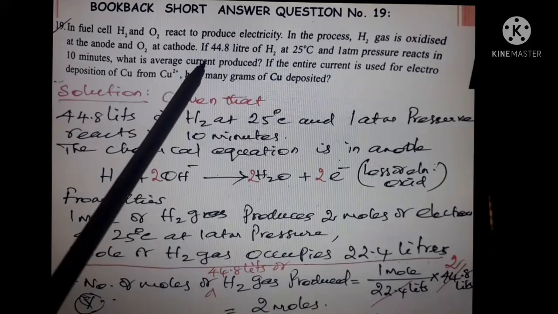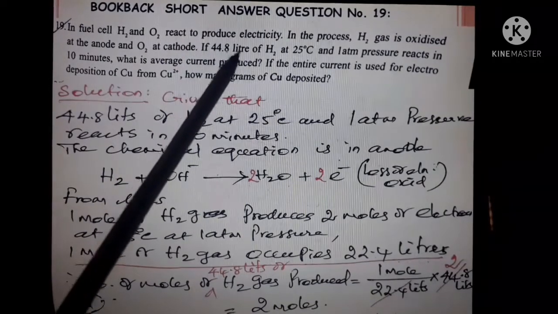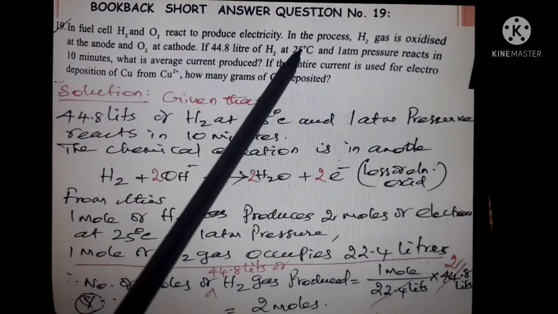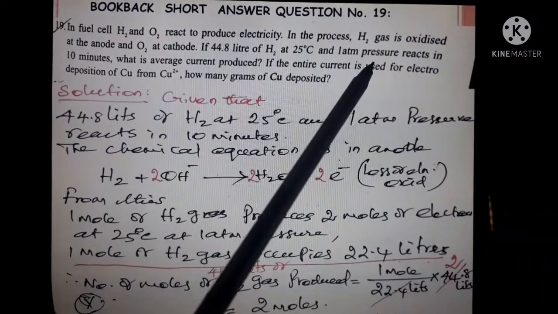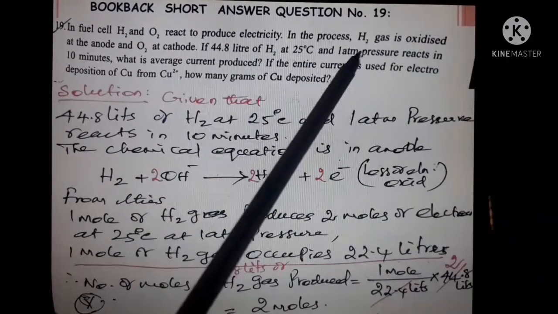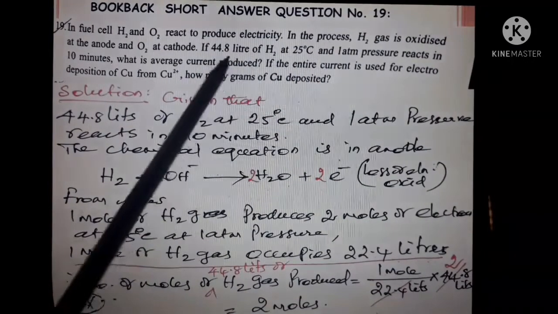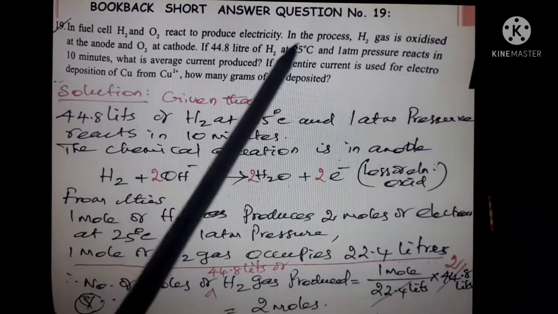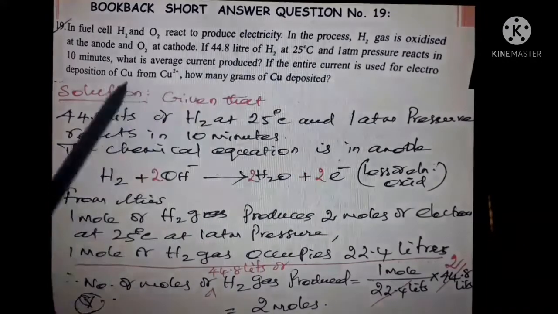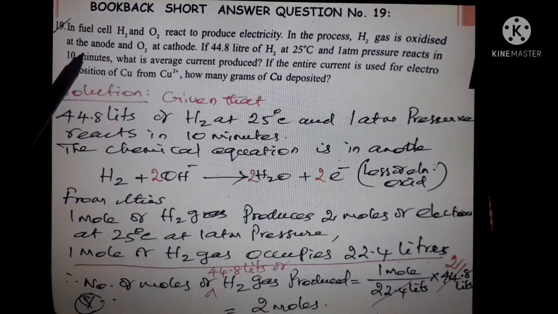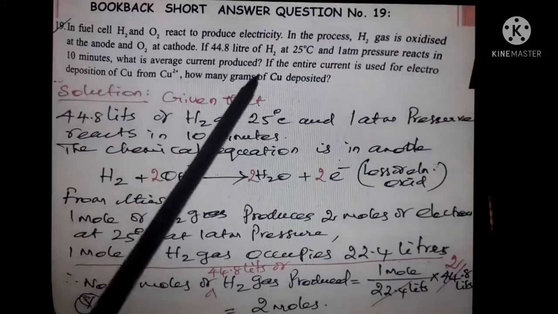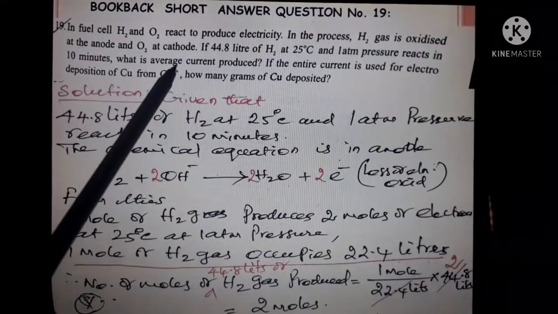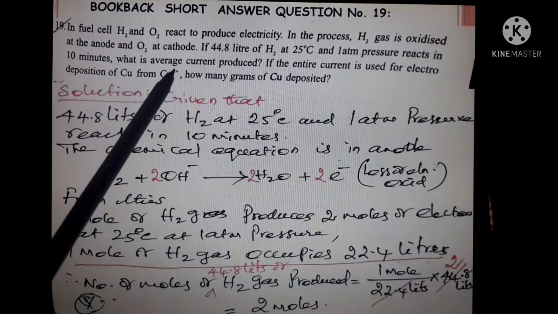If 44.8 liters of hydrogen at 25 degrees C and 1 atmospheric pressure, which is the STP value, reacts in 10 minutes, what is the average current produced? You find the I value.